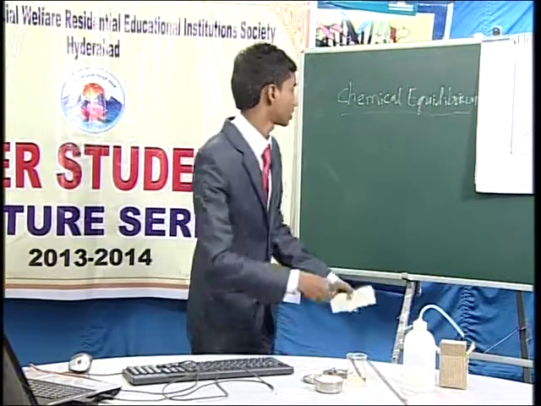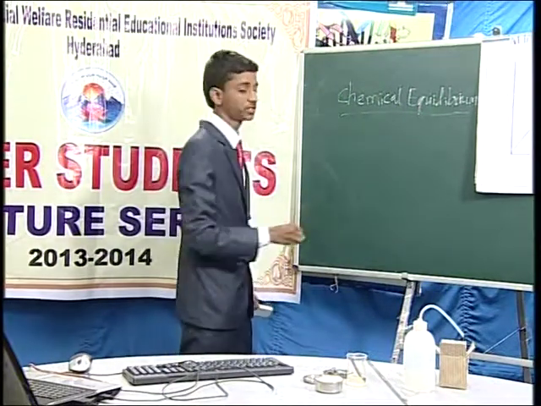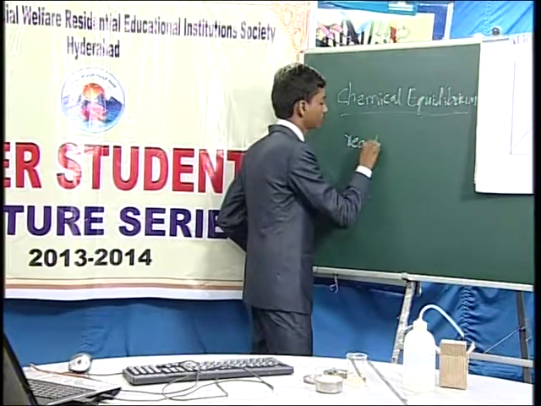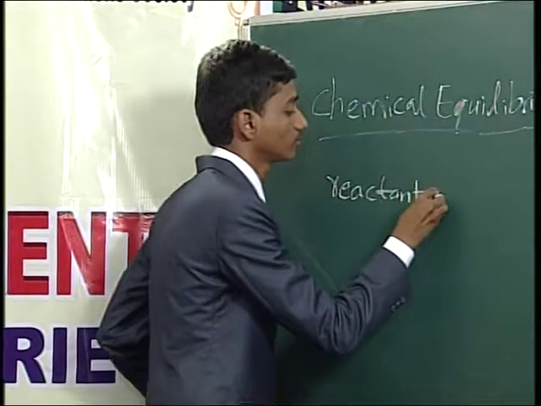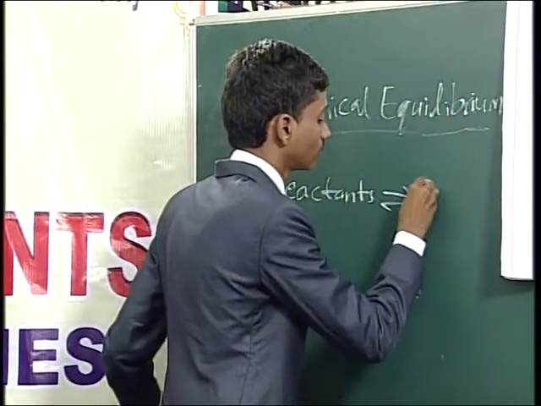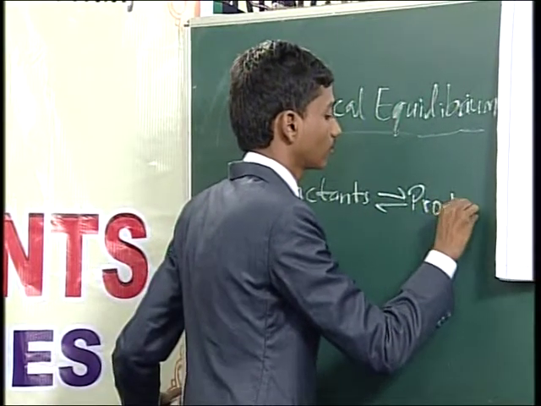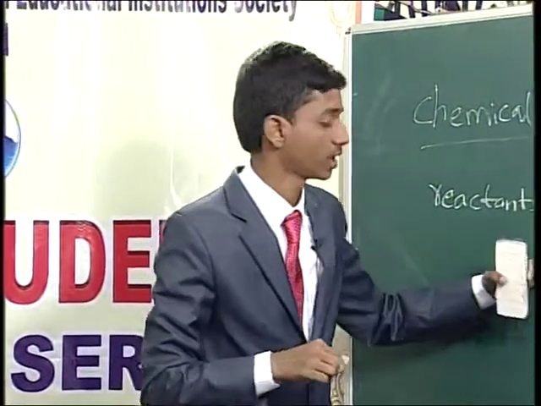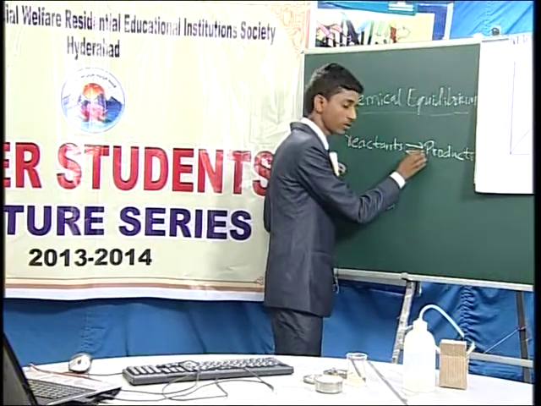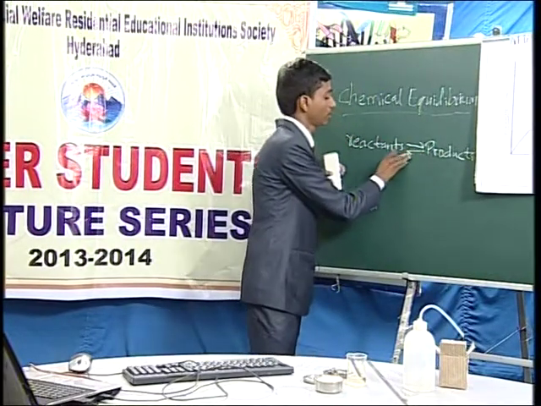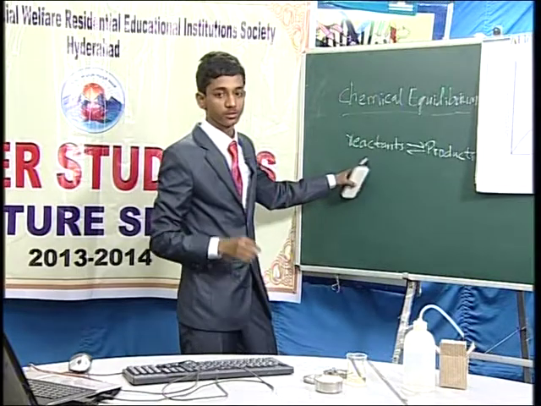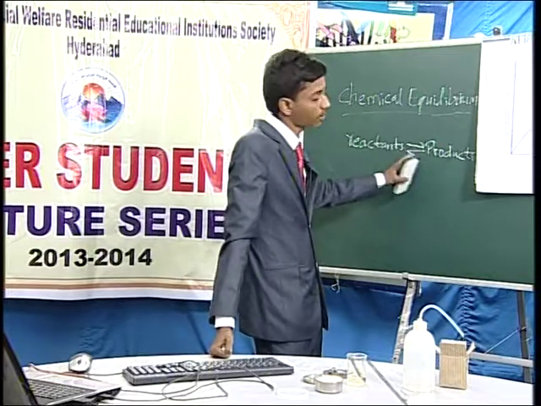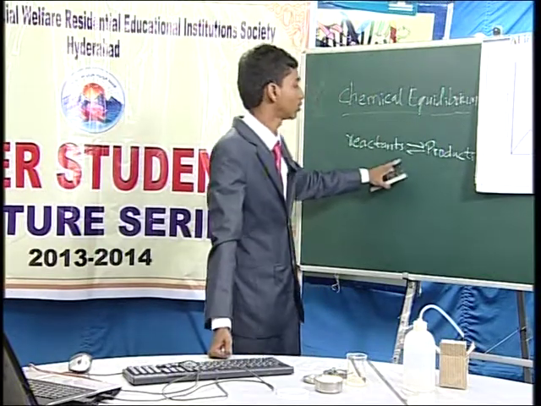In chemical substances, the reactants are converted into products. Here the rate of the forward reaction is equal to the rate of the backward reaction. After equilibrium is attained, there is no change in the concentration of either reactants or products, and this is known as chemical equilibrium.